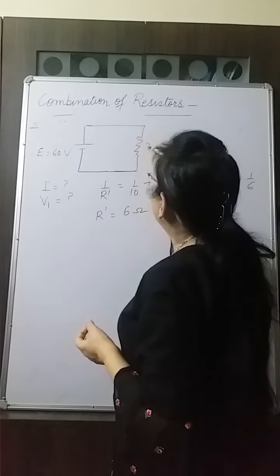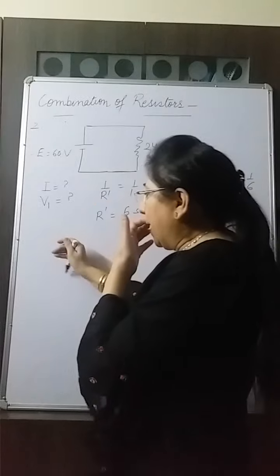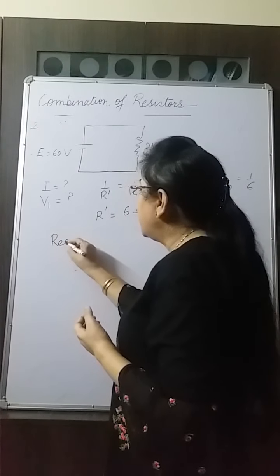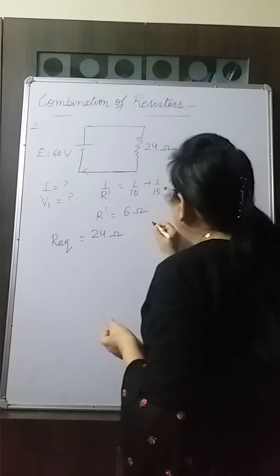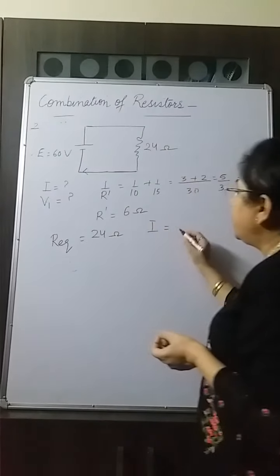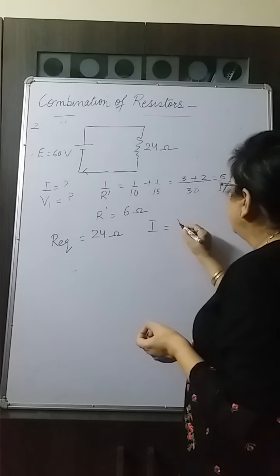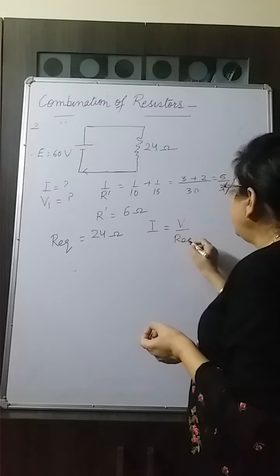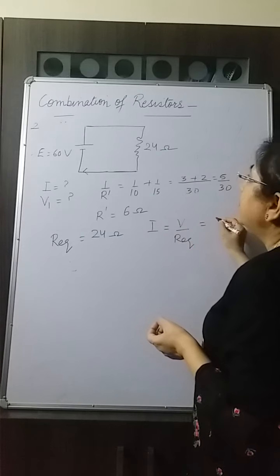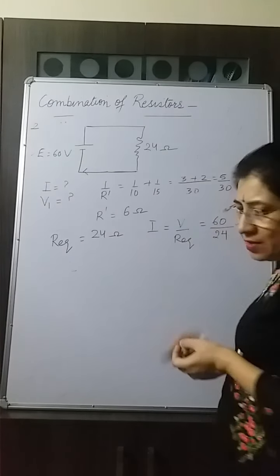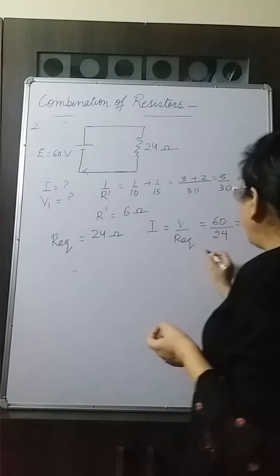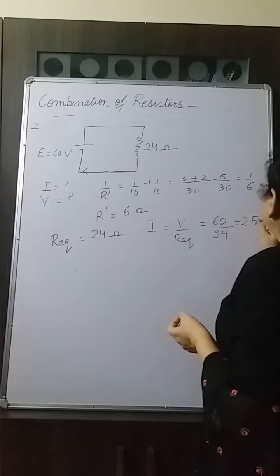So R equivalent comes out to be 24 ohm. What will be the current in the circuit here? The current will be V by R equivalent. V is 60 and this is 24. So this comes out to be 2.5 amperes.